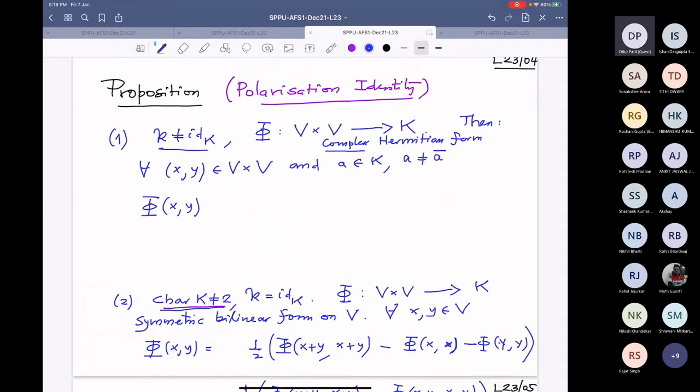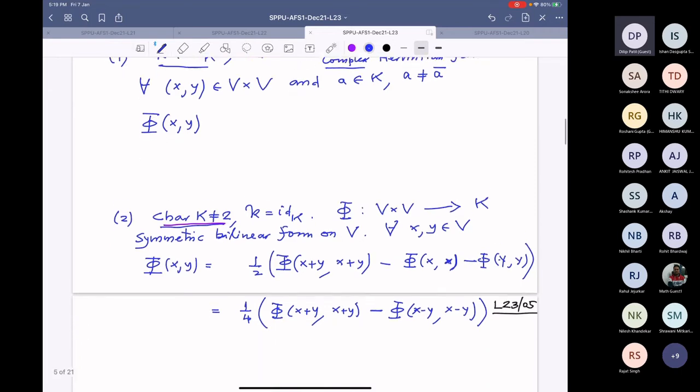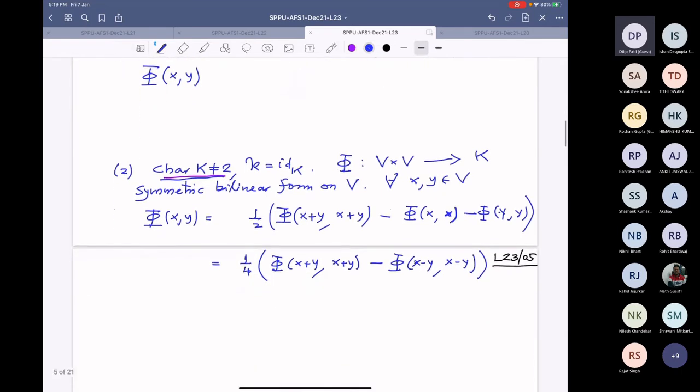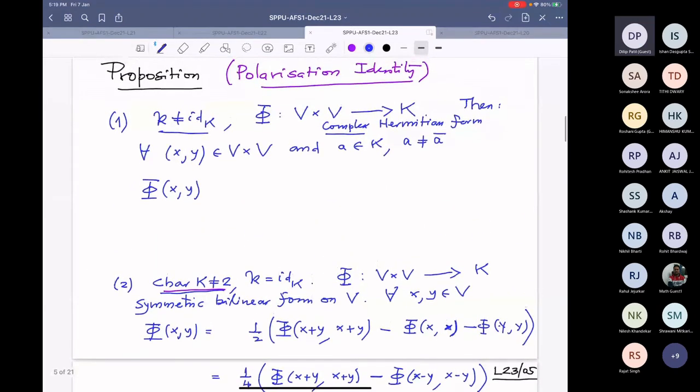So what will be the case? It's a little complicated, but I will write one and then see whether it is merely a matter of checking. Obviously here there are only three terms involved, but in this case there are four because that A is also coming in now.